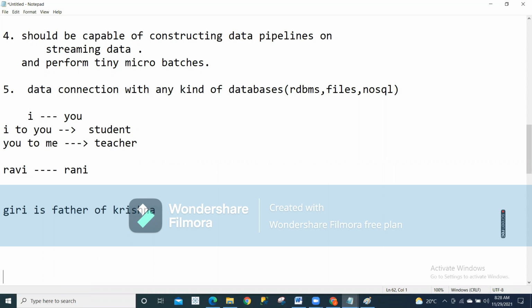To maintain all my applications, because one organization is using hundreds of applications. My small organization is using 2 or 3 applications, but the biggest organizations are using hundreds or even thousands of applications. For each application, how many keys? All these keys will be maintained in key value stores. Understood the point, sir?